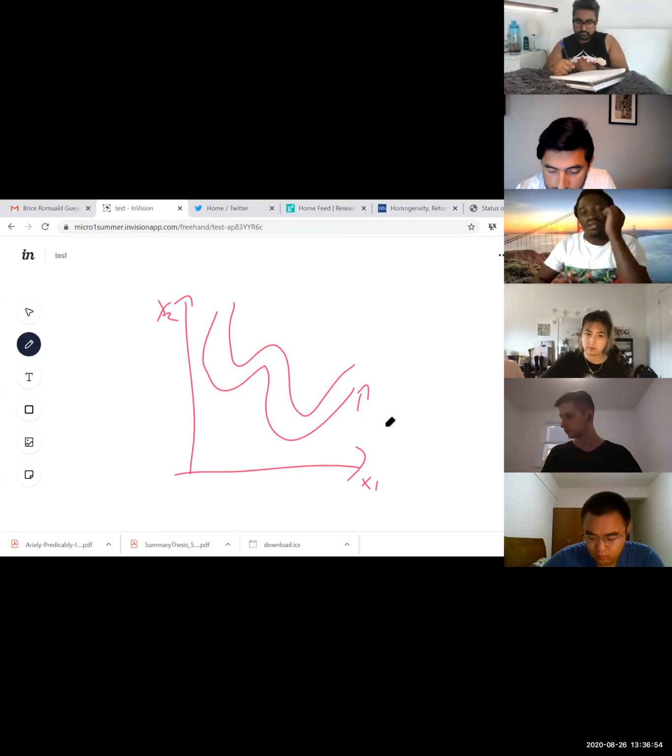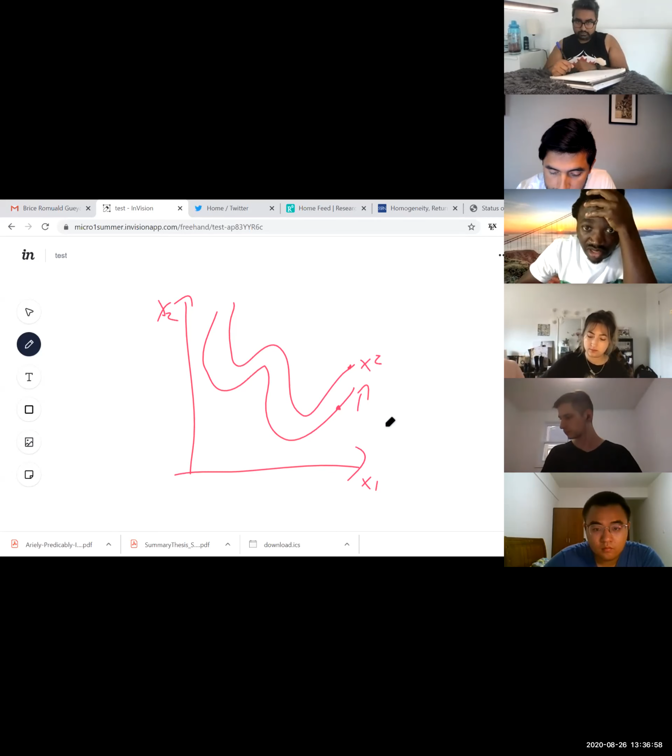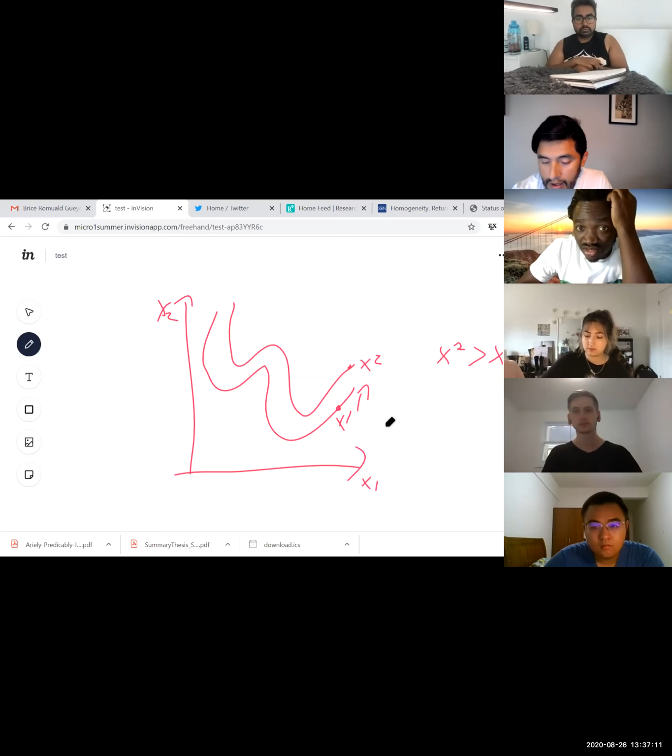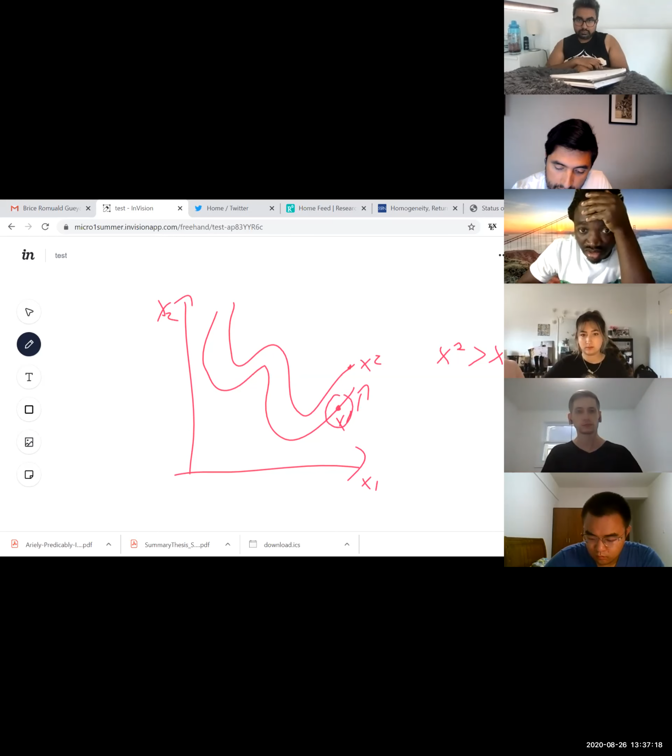So for instance, any item here is better than any item here, so x2 is strictly preferred to x1. Now, are these preferences locally non-satiated? Well, yeah. Take x1 and then draw any particular ball. In this case, I'm going to use the Euclidean metric, of size epsilon.